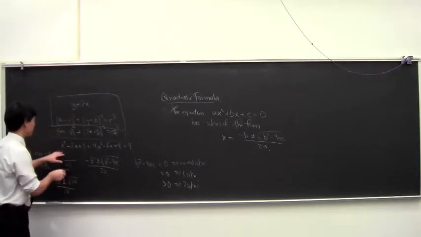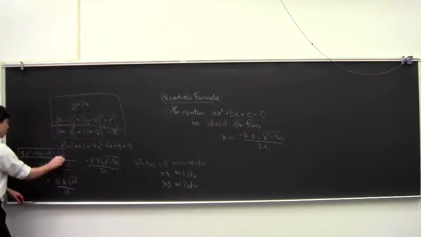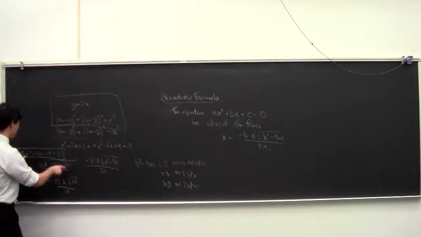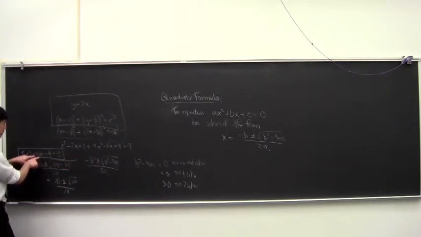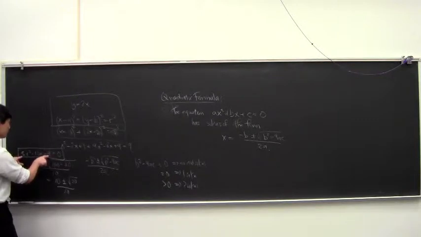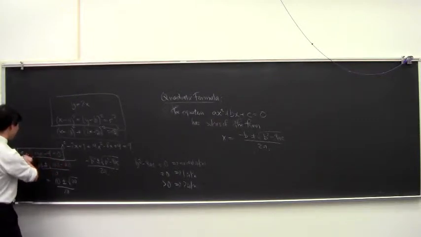Okay, so for example here, we have this equation, and its solutions are going to be negative b, that's 10, plus or minus the square root of 10 squared minus 4 times 5 times negative 4.